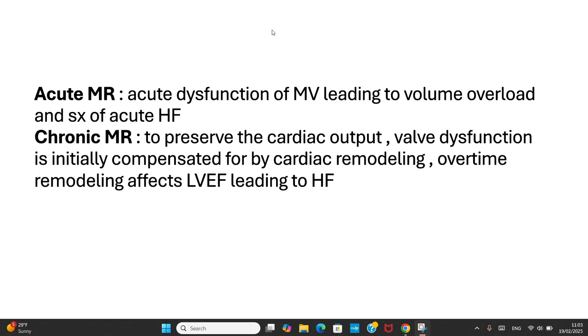So for chronic mitral regurgitation, the heart will have time to compensate. And this occurs through cardiac remodeling, through changes within the heart, which will affect the heart's ejection fraction, systolic function, and cardiac output, and it will lead eventually to heart failure.